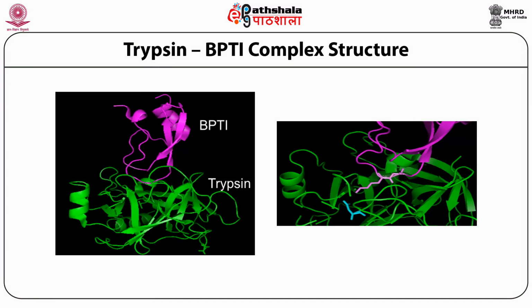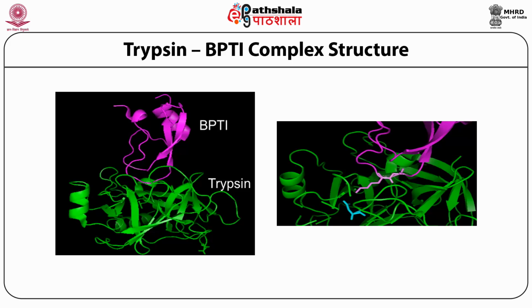Here I am showing the structure of the trypsin BPTI complex. The BPTI active loop, which is the substrate mimicking loop, enters into the active site of trypsin. You can also see in the zoomed picture where the lysine from BPTI interacts with the aspartic acid of the specific pocket in trypsin, which is responsible for the specificity of trypsin.